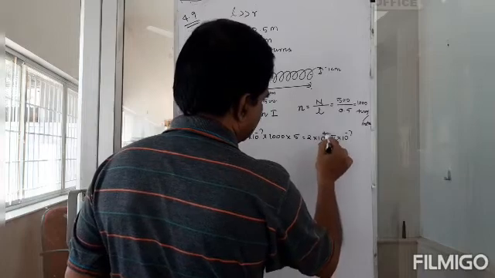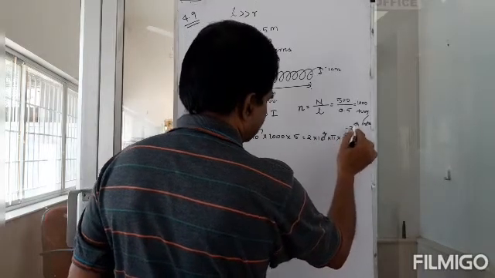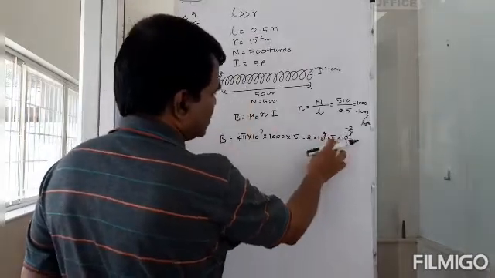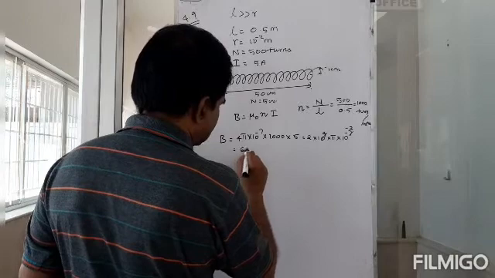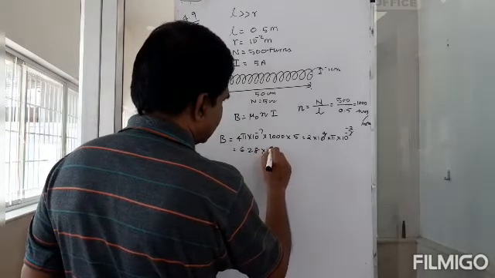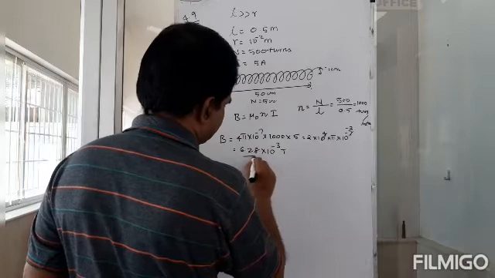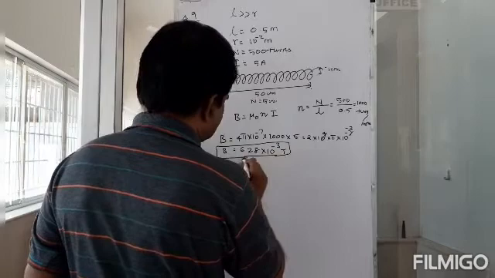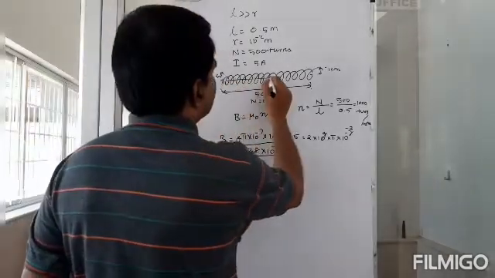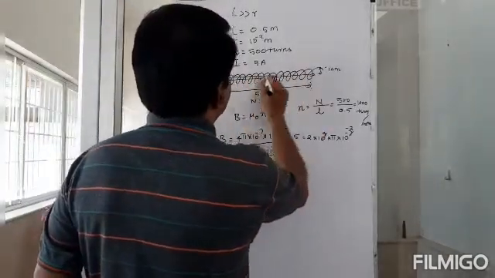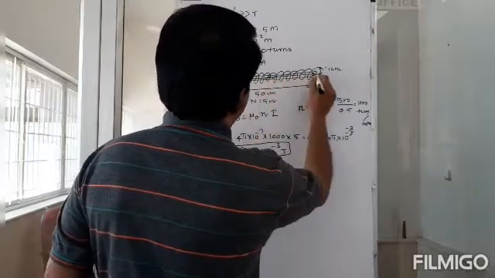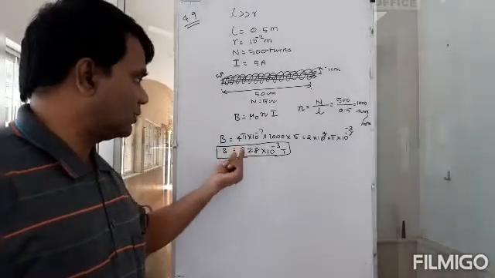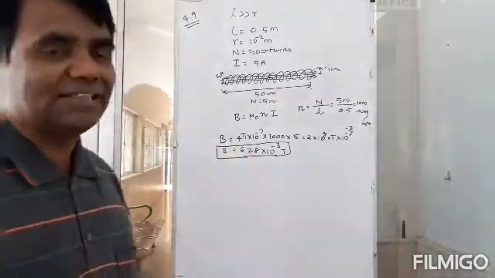So this would be 10 power minus 3 is what you'll get. So 2 into 3.14 would be equal to 6.28 into 10 power minus 3 Tesla. So the constant magnetic field inside the solenoid is equal to 6.28 into 10 power minus 3 Tesla.